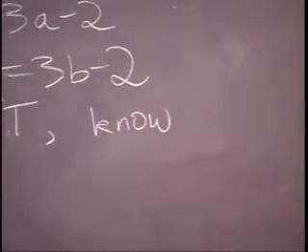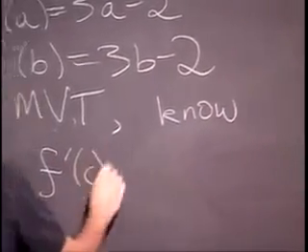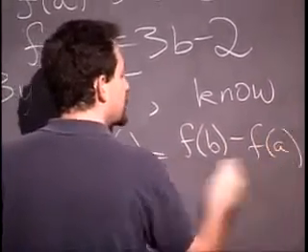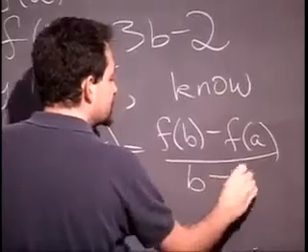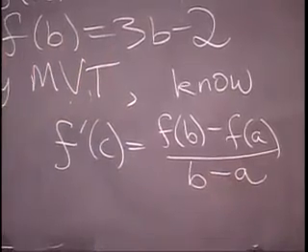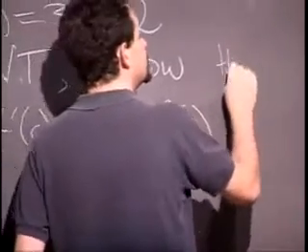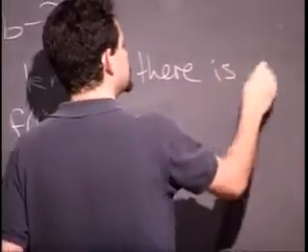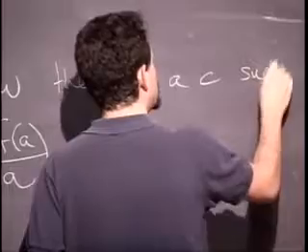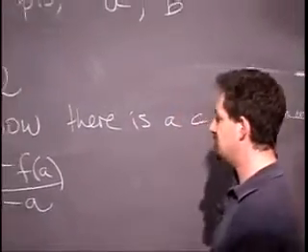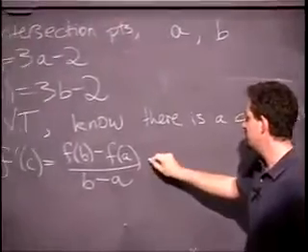We know that f prime of c equals f of b minus f of a over b minus a for some c. So we know there is a c such that f prime of c is f of b minus f of a over b minus a.